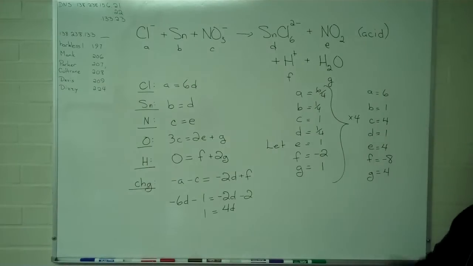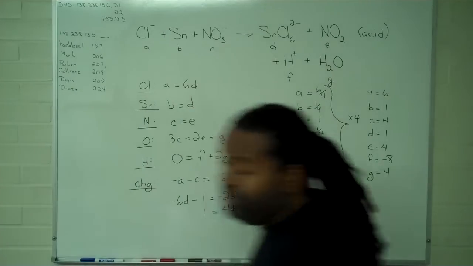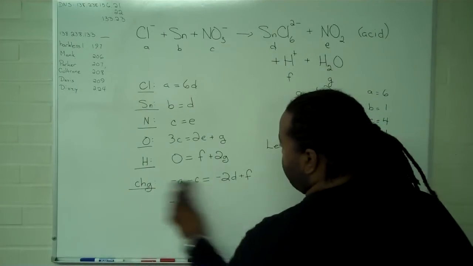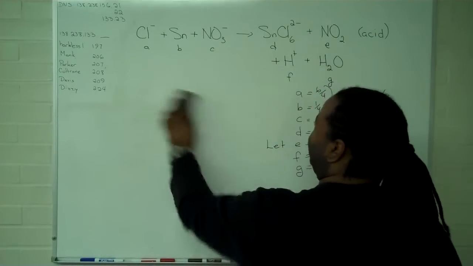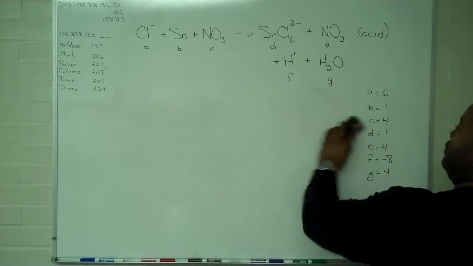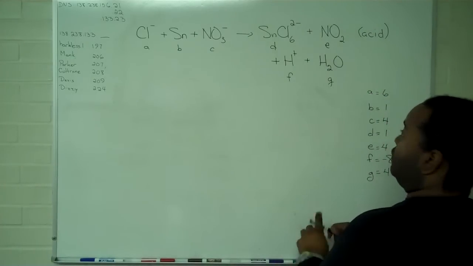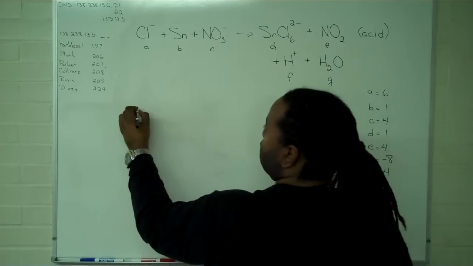So at this point, I have to go back and actually fill in everything. To do that, I'll need to erase all of this and rewrite the equation with these coefficients.